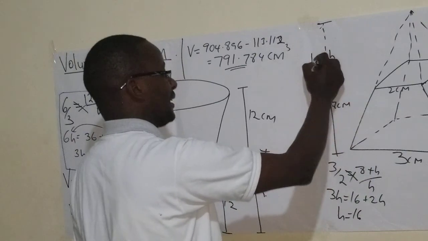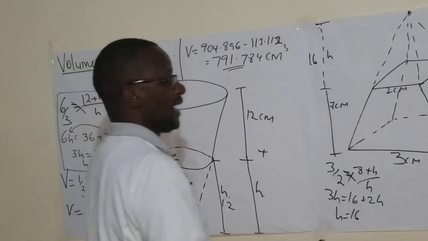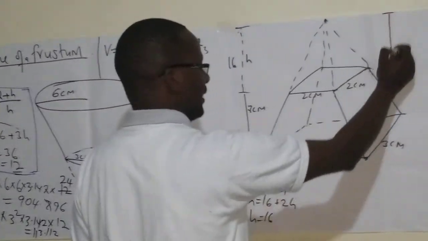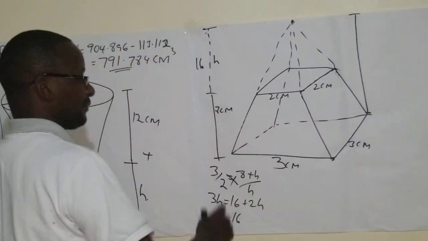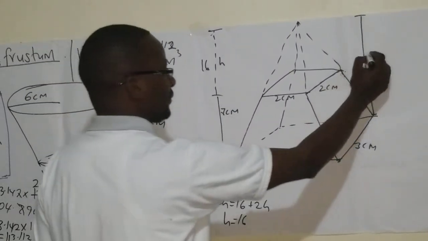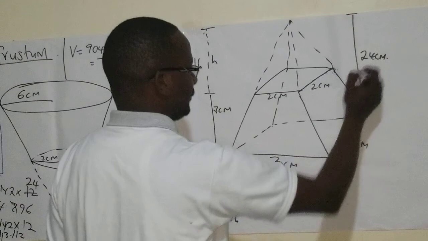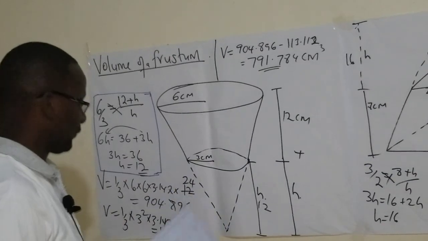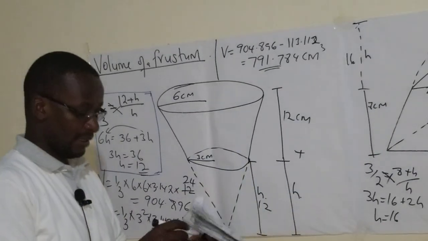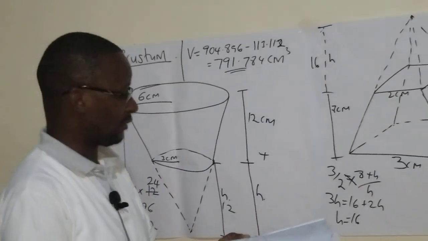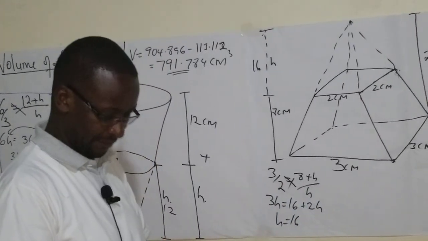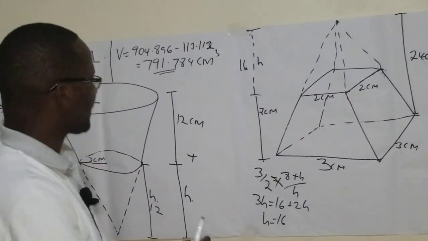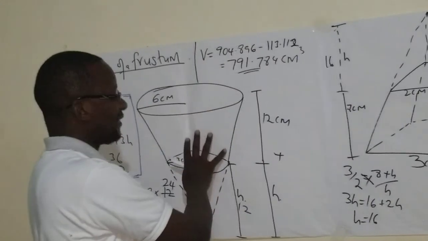So this height here is 16. And so the height of the full pyramid now is 16 plus 8, which is 24. That's a coincidence. It doesn't mean that for all volumes you do for both frustum and pyramid will be 24. It's just a coincidence. The two solids have the same height. So you just move on, as we have done here.